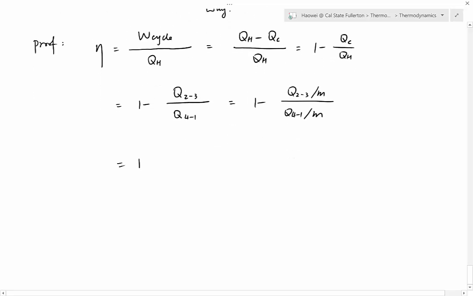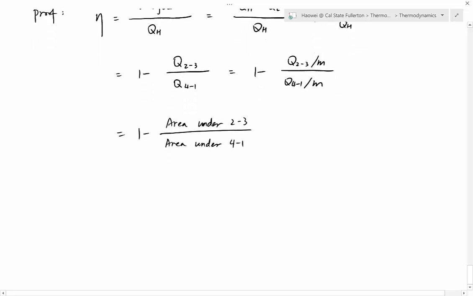Okay, and then let's recall on a T versus S diagram, the area under the curve is equal to heat transfer per unit mass. So we can rewrite the numerator and the denominator into area. So the numerator will be rewritten to area under 2 to 3. And the denominator will just be equal to area under 4 to 1. So now let's continue.